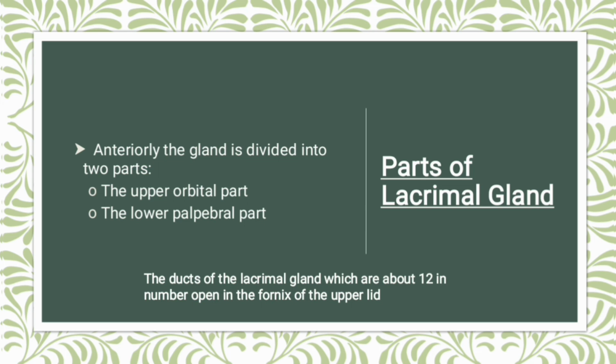So that junction is the fornix, and the tear ducts open on the fornix of the upper eyelid only. Why not the lower eyelid? Because the lacrimal gland and the tear ducts are present on the upper eyelid only, right?